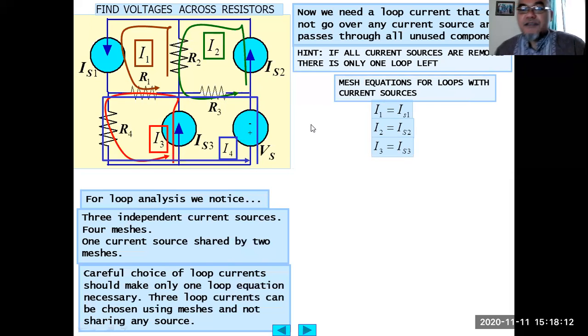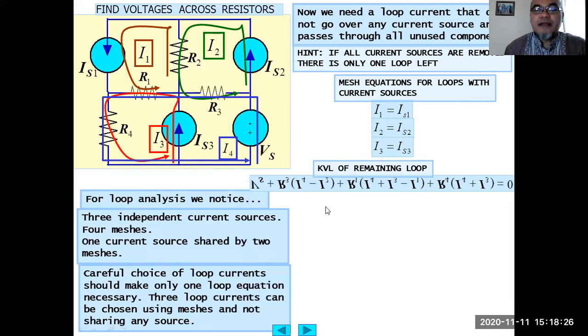Then we write the mesh equations. For loop 1, I1 will be equal to IS1. Loop 2, I2 will be equal to IS2. And I3 will be equal to IS3. Then the Kirchhoff voltage law for this remaining loop in the lower part here: Vs, this part is a voltage drop, plus R3 multiplied by I4 negative I2, because I2 is this one counterclockwise.